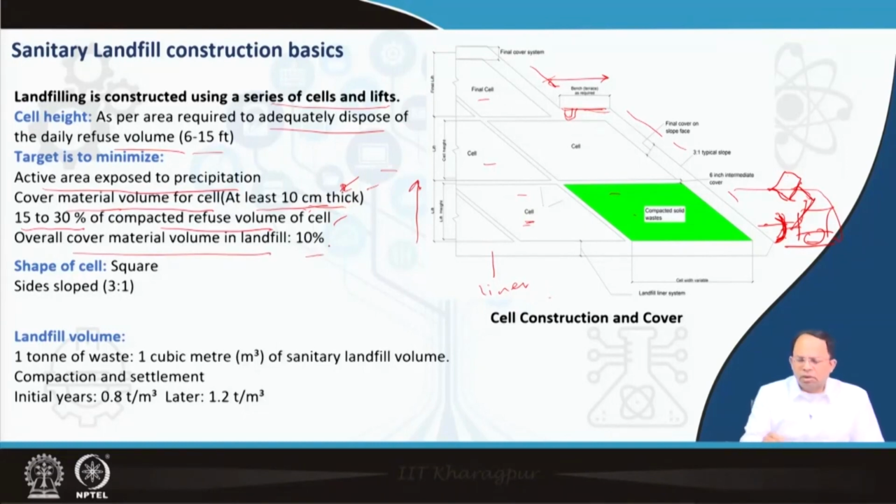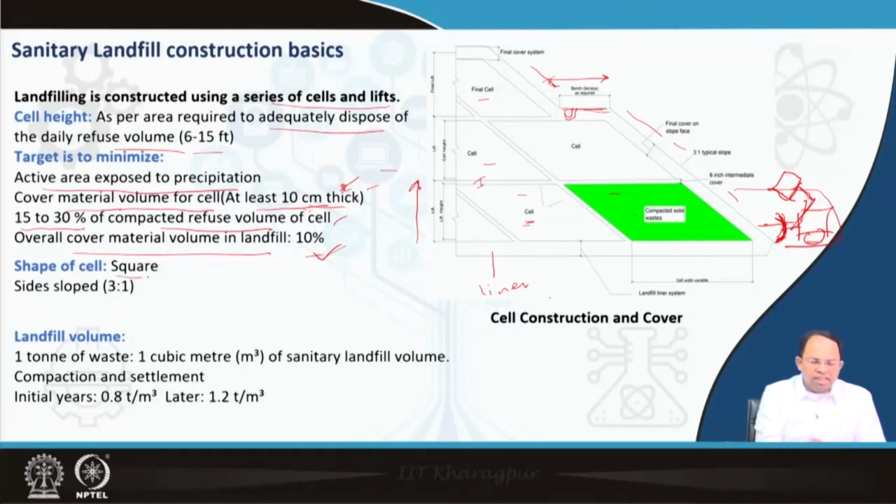That means at the end of each cell it is only 10 centimeter, but in the liners it's a little bit more. So even though at one cell level the value is 15 to 30%, overall in the landfill you see that around 10% of the overall volume of the landfill is for this kind of cover materials.